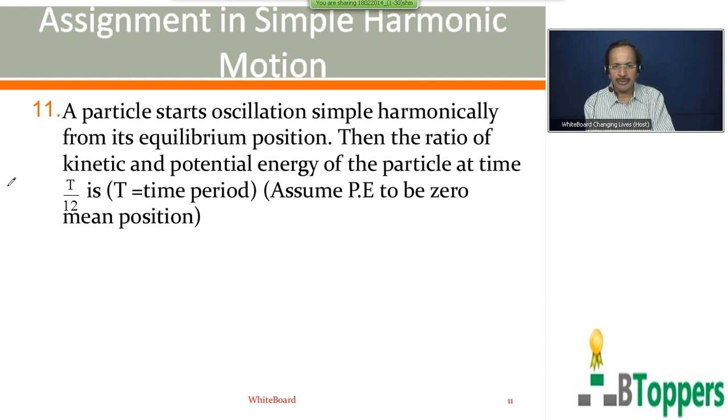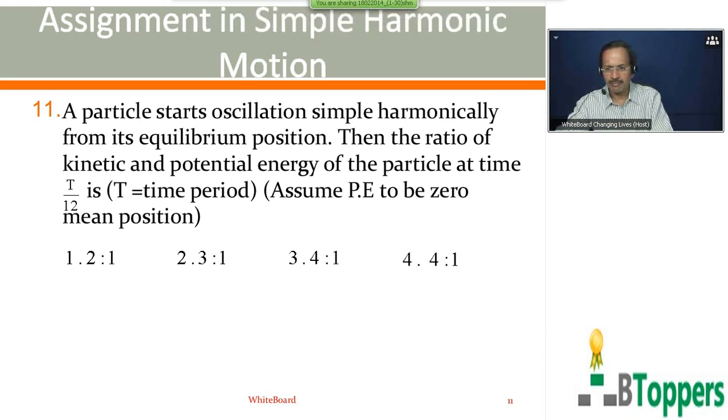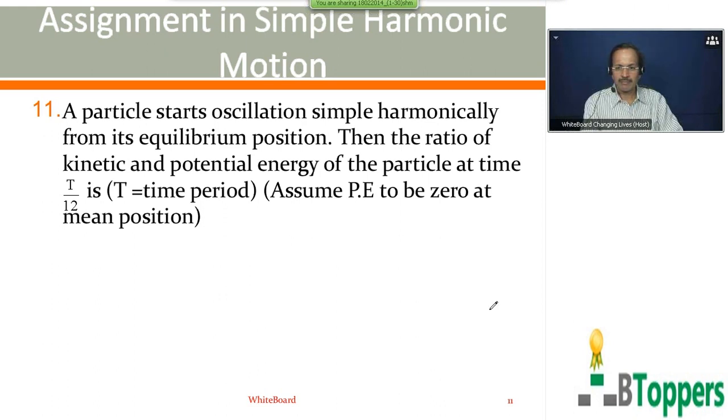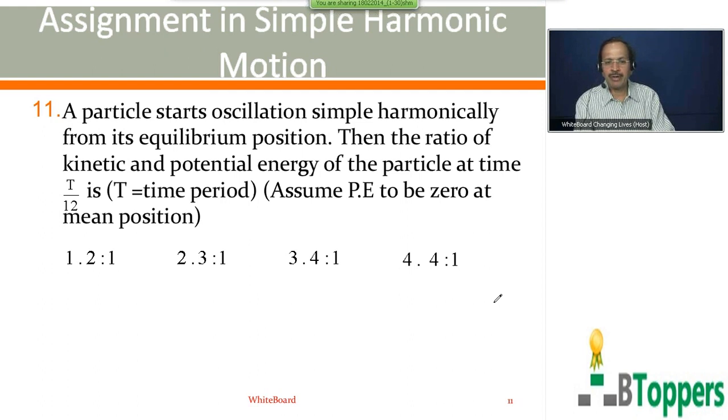Assume potential energy to be 0 at mean position. Come on, try the question. So in case you need more time, take a pause and take your time to answer this question.